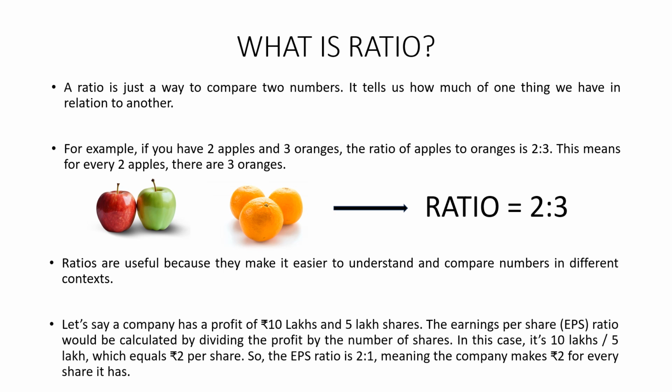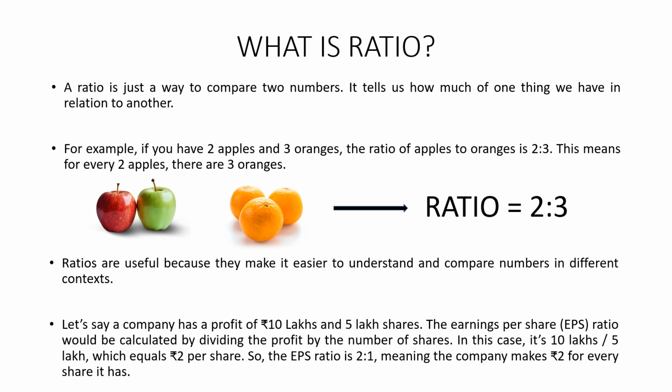Ratios are useful because they make it easier to understand and compare numbers in different contexts. Let's say a company has a profit of 10 lakhs and 5 lakh shares. We saw what earnings per share is in the previous video, so that's why I told you to finish watching the first video first. The earnings per share, or EPS ratio, is calculated by dividing the profits by the number of shares.